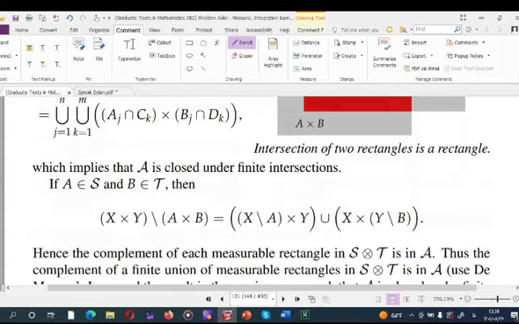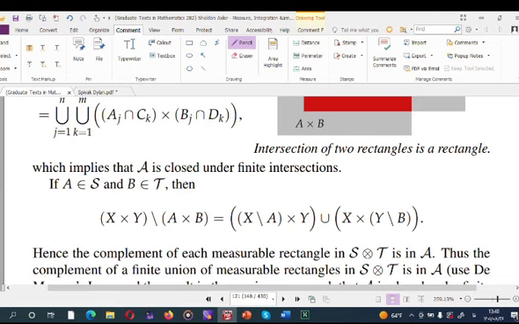Now if we consider A in S and B in tau, then we see that the complement of this measurable rectangle equals this, and this is a finite union of measurable rectangles, a union of two, okay, measurable rectangles.